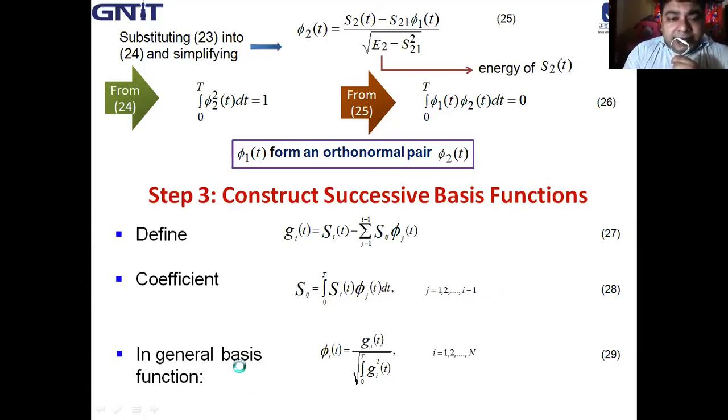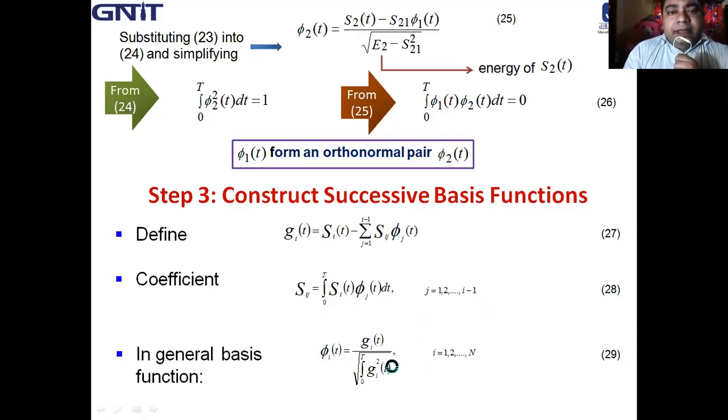And in general, the ith basis function phi i(t) is equal to gi(t) divided by the square root of the integration of gi squared(t) dt. So this is the general expression to construct a basis function.